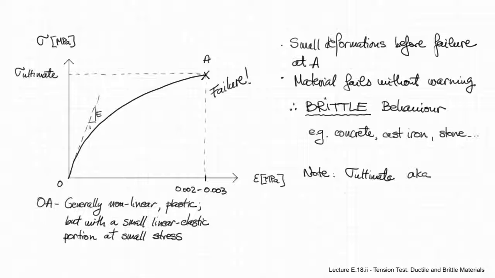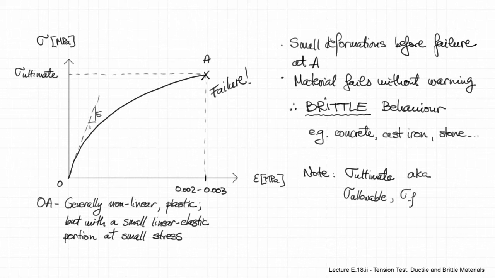Now, for the purpose of our design, please note that the ultimate stress can also be termed sometimes as the allowable stress or the failure stress and so forth. And from the point of view of the failure of material, for ductile materials, the yield stress, or for brittle material, the ultimate stress or the allowable stress or the failure stress mean the same thing.